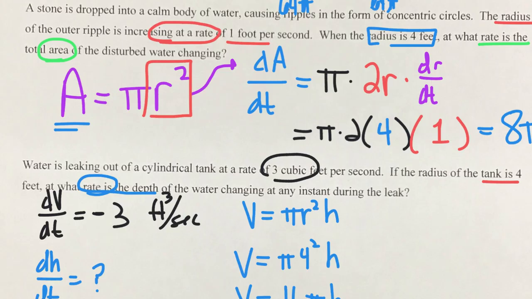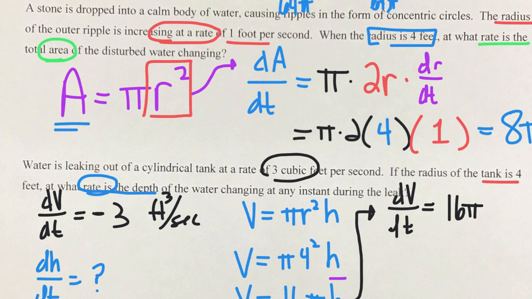Because now we're going to take the derivative with respect to time. So for volume, that becomes dV dt. We have our constant of 16 pi, and the derivative of h is dH dt. So let's plug in our dV dt. We know that the volume is leaking out at a rate of 3 cubic feet per second.